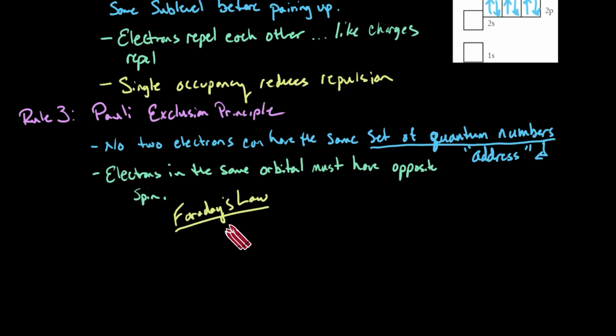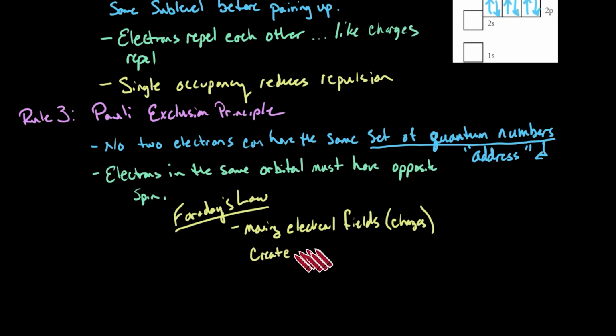Faraday's law says that moving electrical fields or charges create magnetic fields and vice versa. So if you have a moving magnet, it'll create an electric field. If you have a moving electric field, it'll create a magnetic field. They work back and forth.